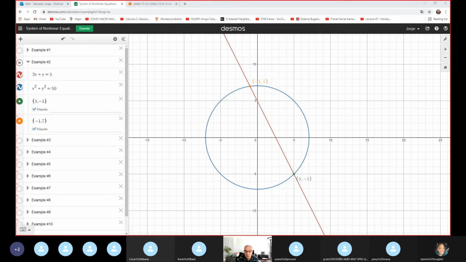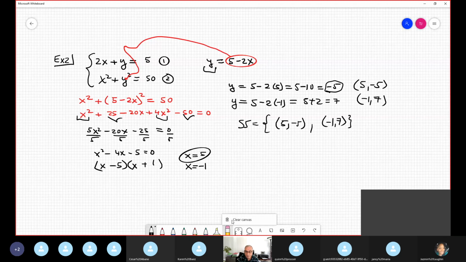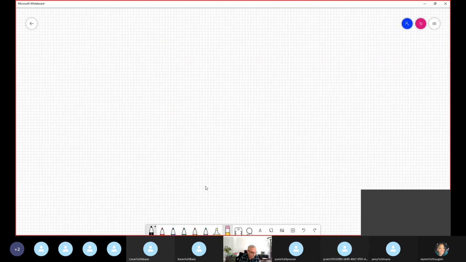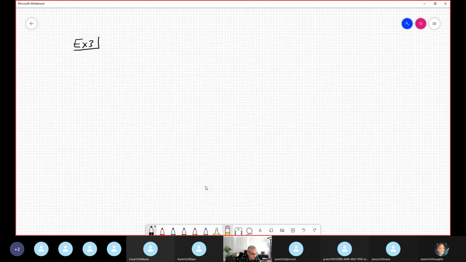Okay, I try to switch into the whiteboard. Do you see the whiteboard? Good. Okay, let's do number 3. The first equation is (x minus 5) squared plus y squared equals 25, and this is my equation 1.